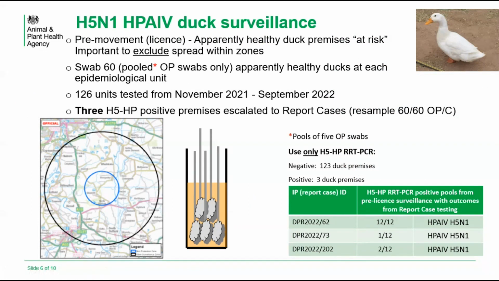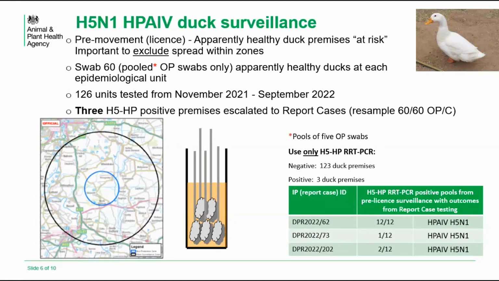So related to the zonal testing, more recently we've done what we call pre-movement licence testing, where we've had apparently healthy duck premises within IPs, and they want to send the ducks off to the abattoir for slaughter. We have to screen them for influenza.